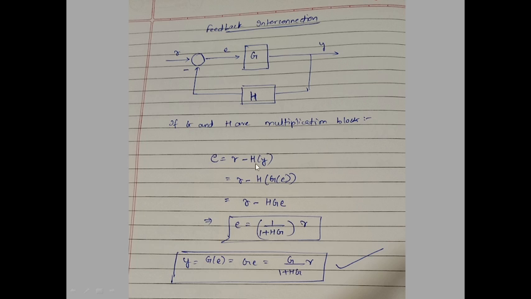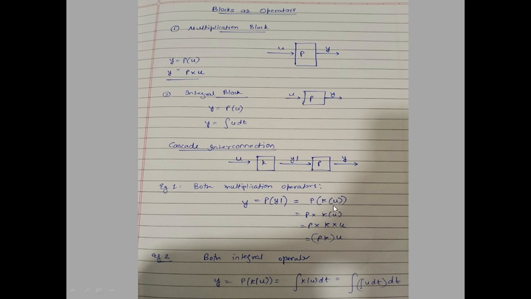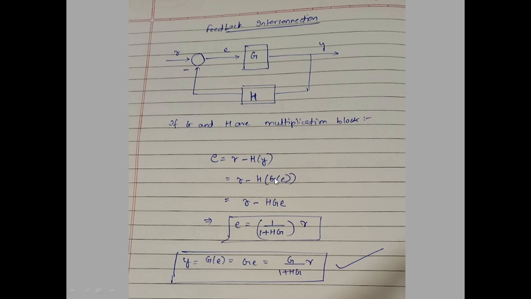Hence E is r minus h acting upon y, and y is g acting upon E. Hence this can be written as r minus h of g of E. Now since this term is familiar, like we have used it here for the multiplication block, this opens up to pku, hence it would open up to hgu, where h and g are constants of these multiplication blocks, and on rearranging we can separate E in terms of r.